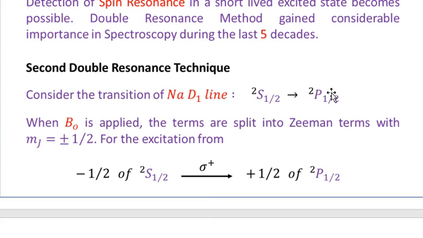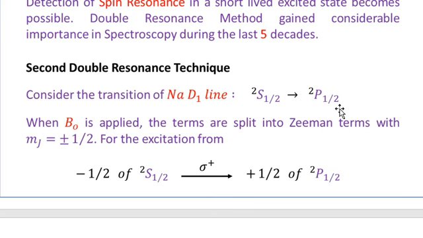Now you see that this transition is in the absence of the magnetic field. In the absence of the magnetic field, the ground state, which is the S1/2 state, has only J equal to 1/2, a single level, and similarly the excited state P1/2 has a value of capital J equal to 1/2, which is again a single level.